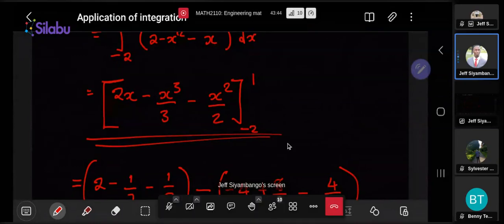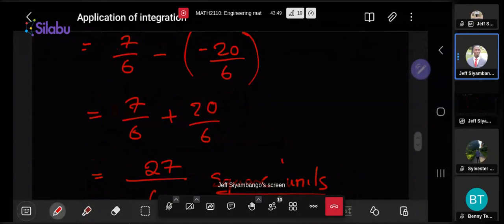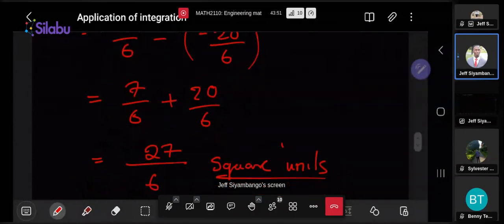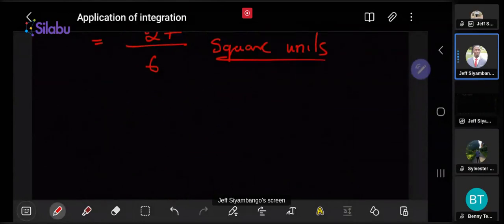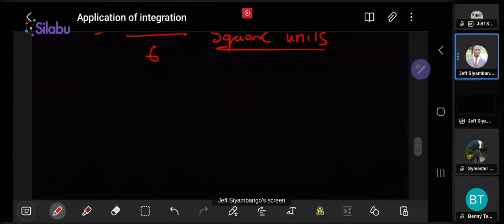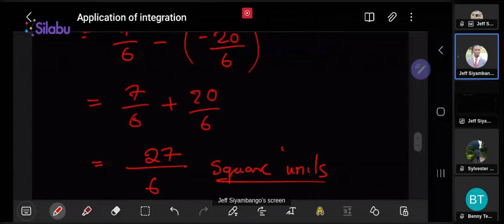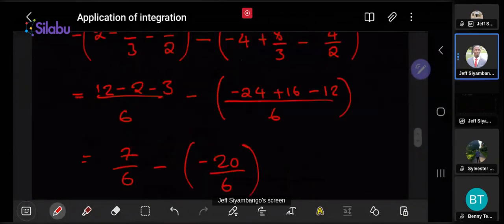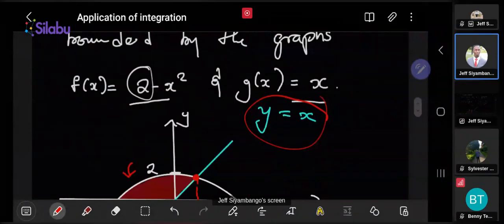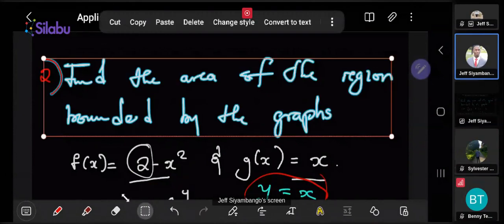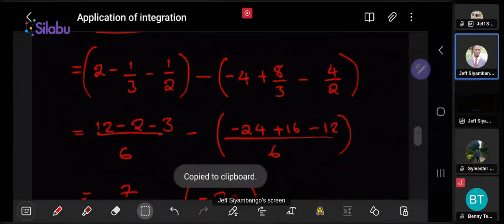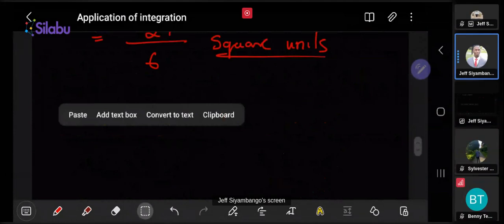Okay, so this is how you evaluate applications of integrals. Let me just write one for you guys to try out, and then after that, we're going to end there. So it will have the same setup as this one.